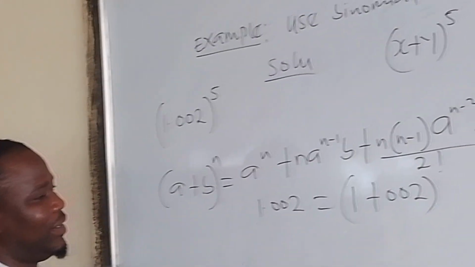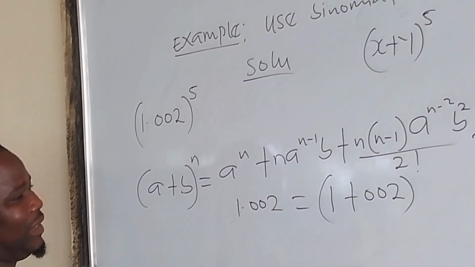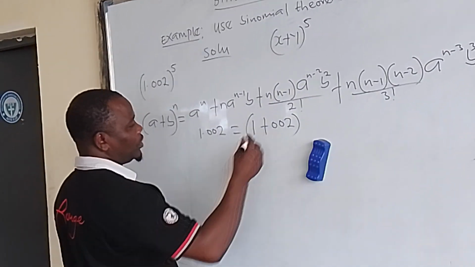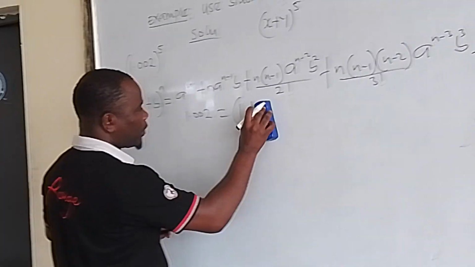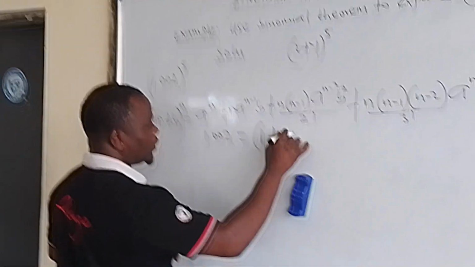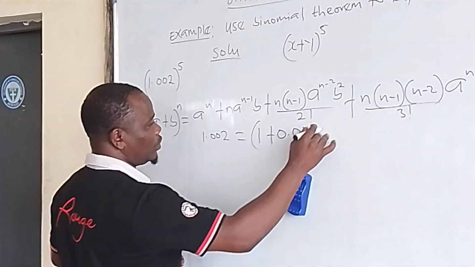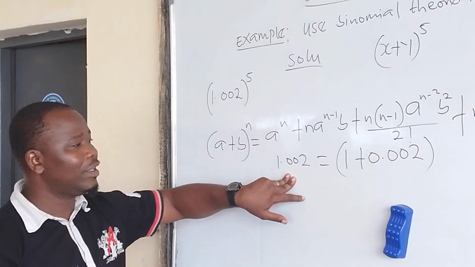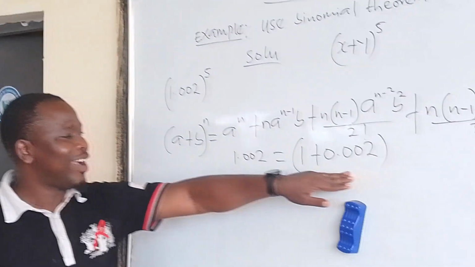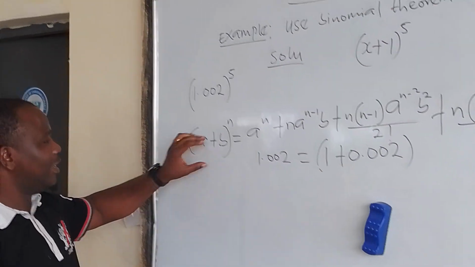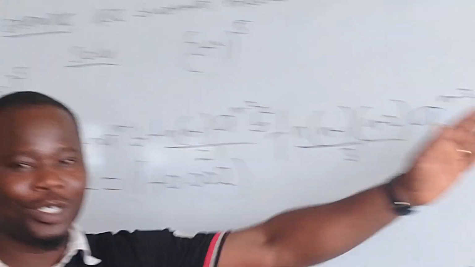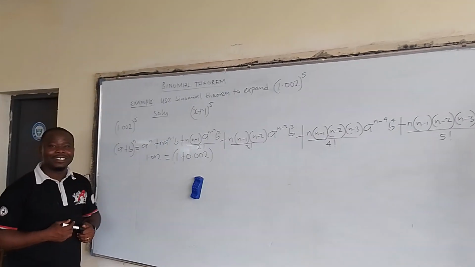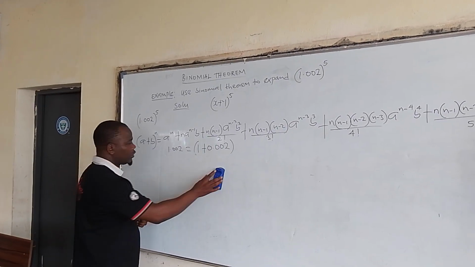It's the same as this. 1 plus 0.002 is the same thing as 1.002. Is that clear? So you discover that I have transformed this in a way that we can use the binomial theorem to expand it. Any question? Okay. So let us proceed.